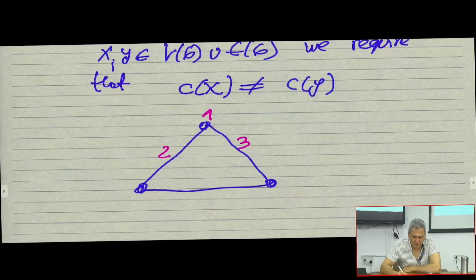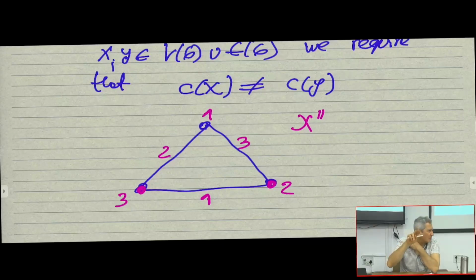What do you propose we put here? 3. We put here 2 and we put here 1. So we totally color the triangle with 3 colors. The total chromatic number is denoted by this double prime, double dash. Okay, double dash, of C3.